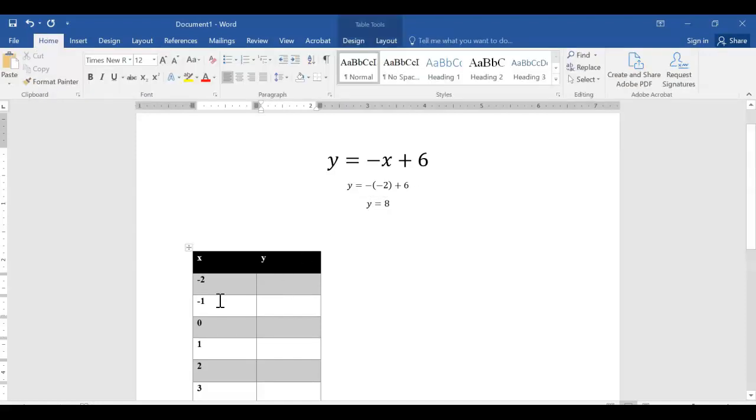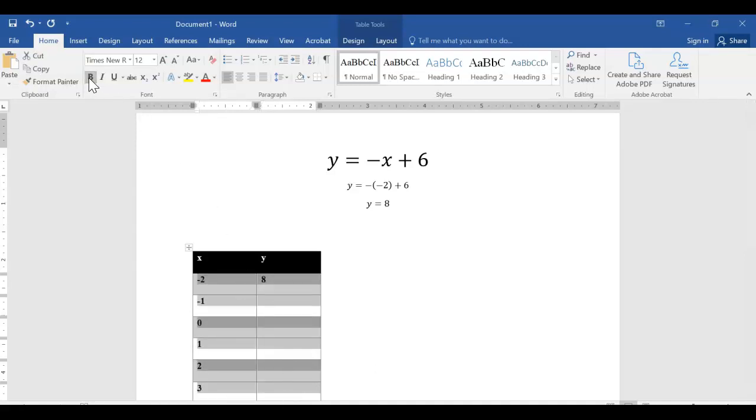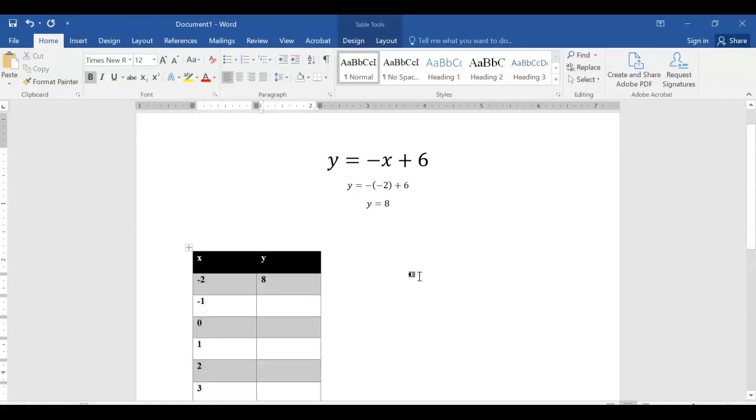So when x is -2, y is 8. Now, I don't know why one of those is bold, but there we go. Let's do both of them bold. So -2, 8 is a point on the graph of this line.